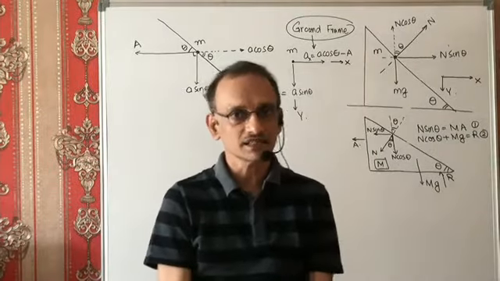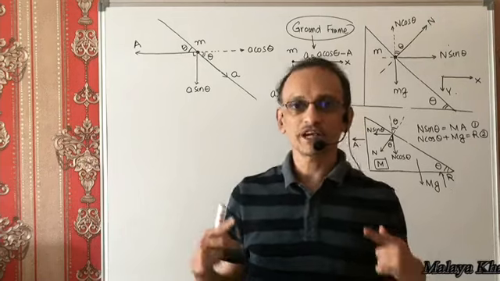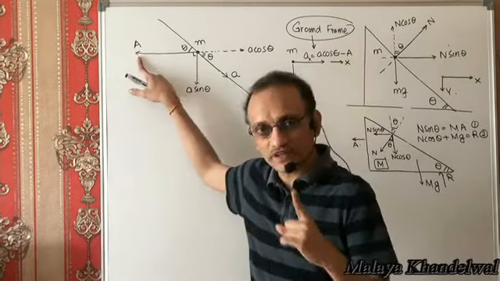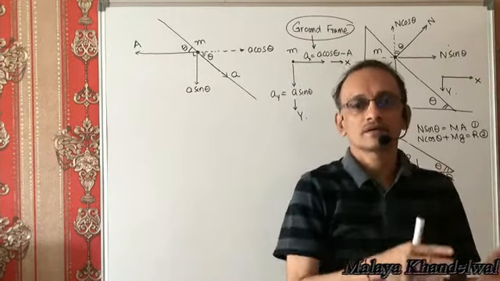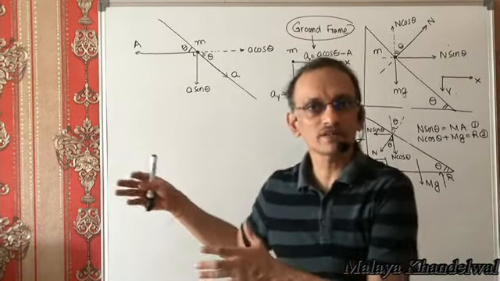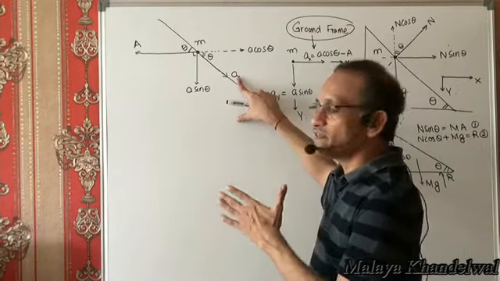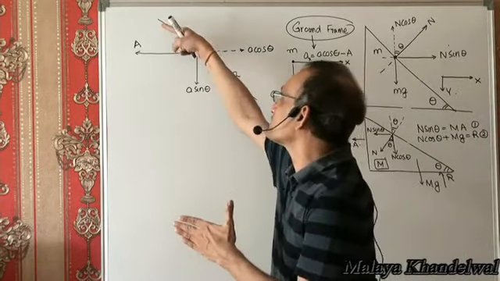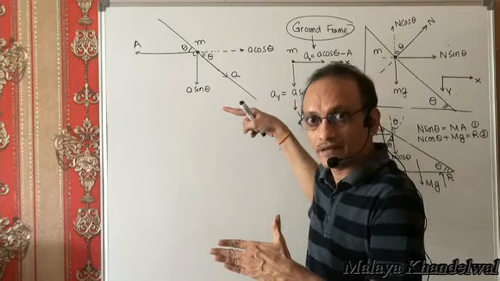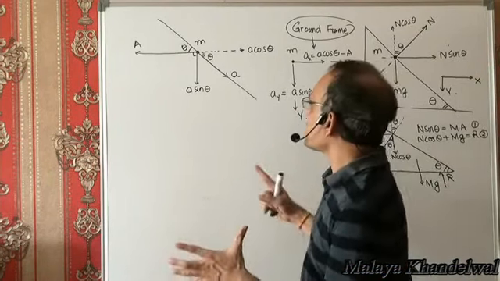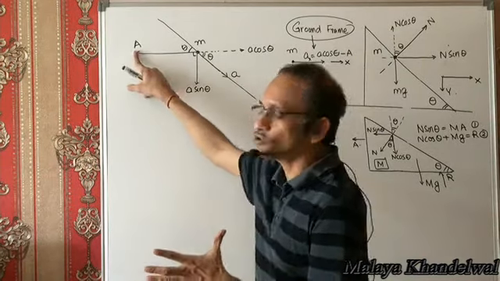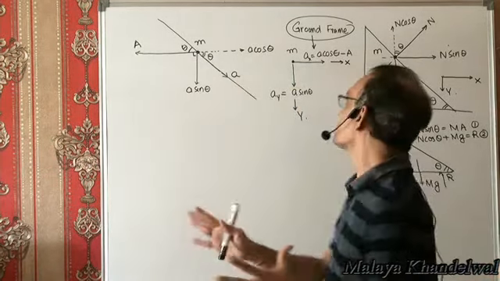In the session that just concluded, I obtained the acceleration capital A of the inclined plane, which is mg sine theta cos theta by capital M plus small m sine square theta, etc. I also obtained the relative acceleration of small m with respect to the inclined plane along the plane. And I said to you that the resultant of these two will give me the acceleration in the ground frame.